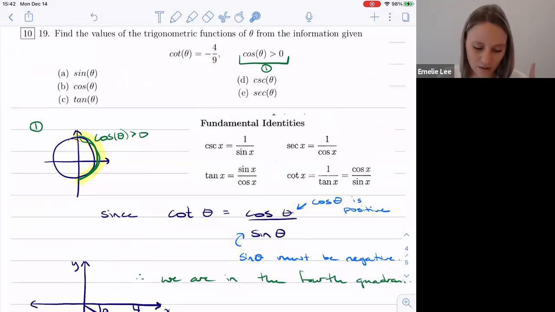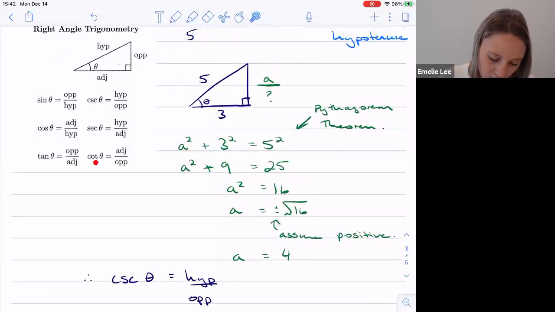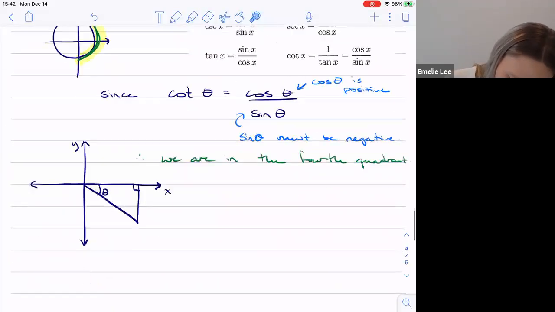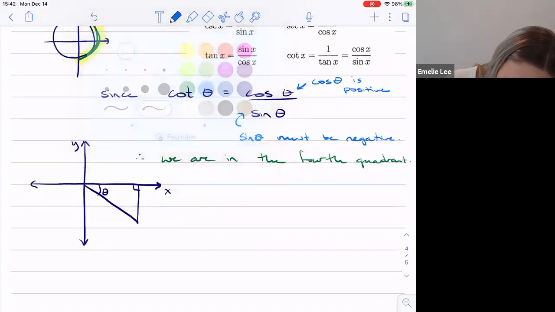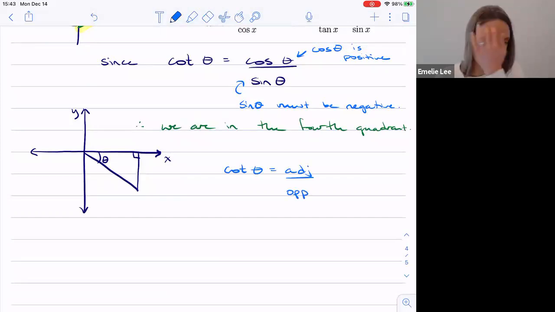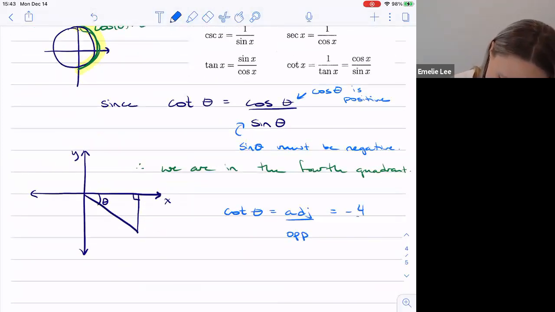Okay, so the cotangent of theta is the adjacent over the opposite, which we were also told is -4/9.